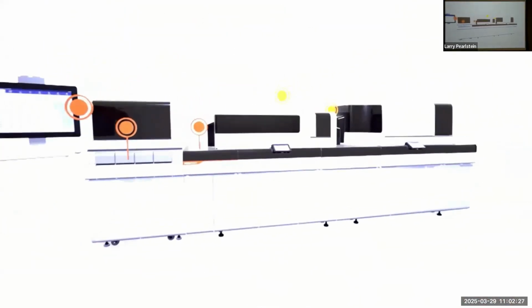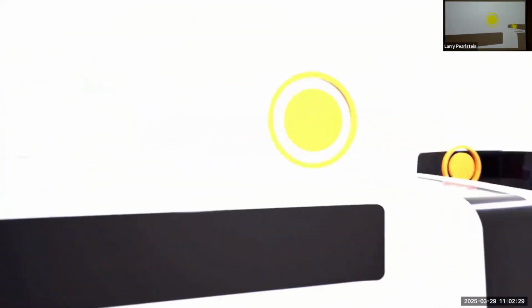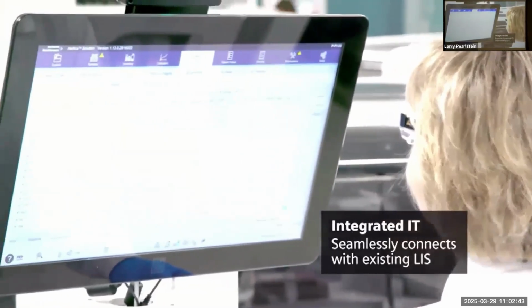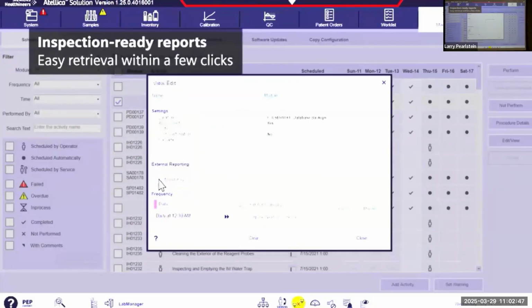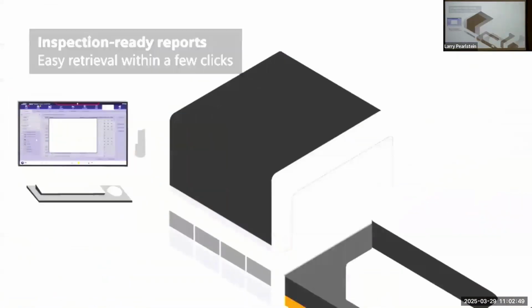And someone had asked about priorities. So you can always jump the highest priority sample to the front. Because of the structure, it's very easy to take the highest priority sample and just send it on out. So it connects to the laboratory system very easily.